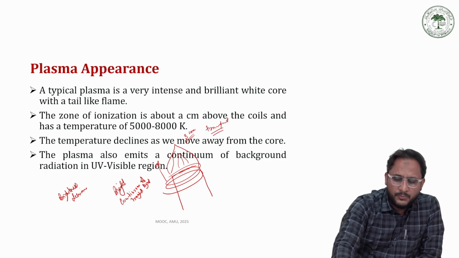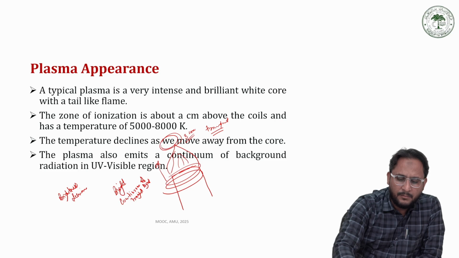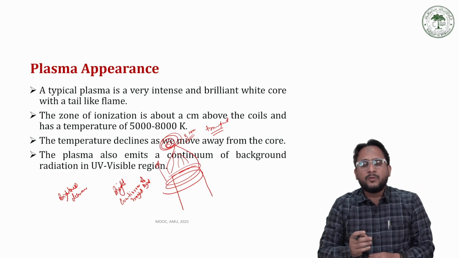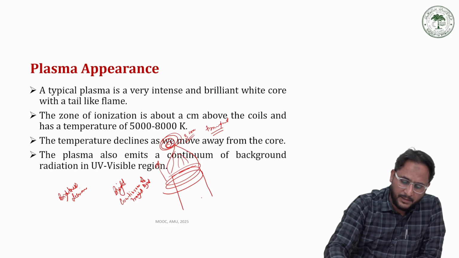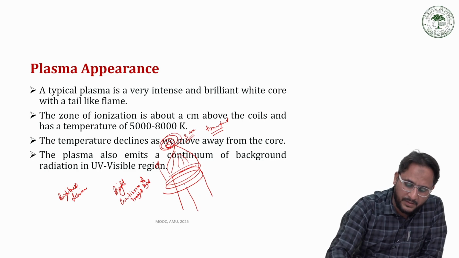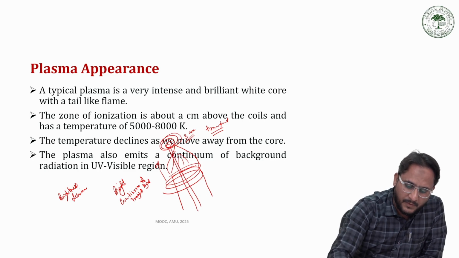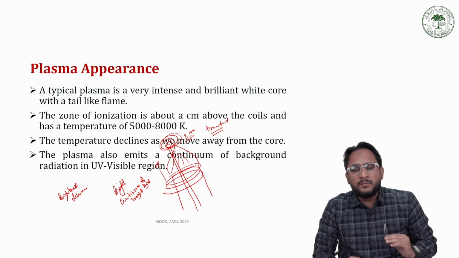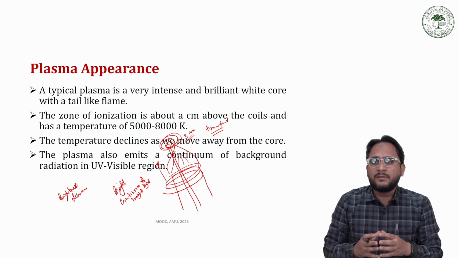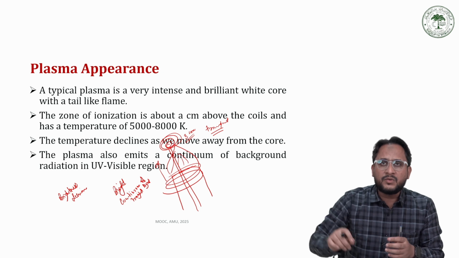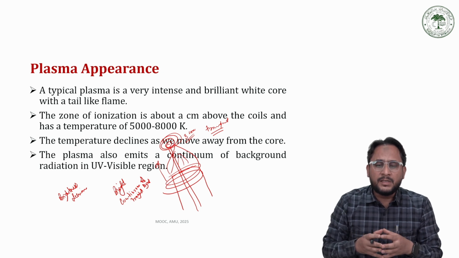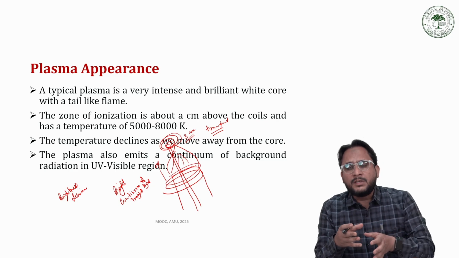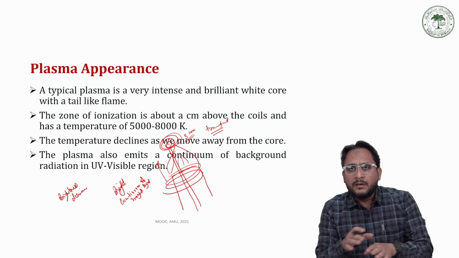So in that transparent region, at a point somewhere here, we carry out the analysis. Our sample is directly entered at this point, so that it immediately comes in contact with the plasma when the region is transparent, so that the chances of background radiation or absorption are minimal.